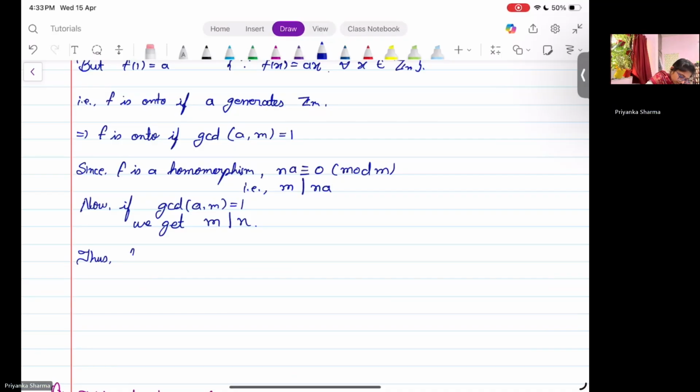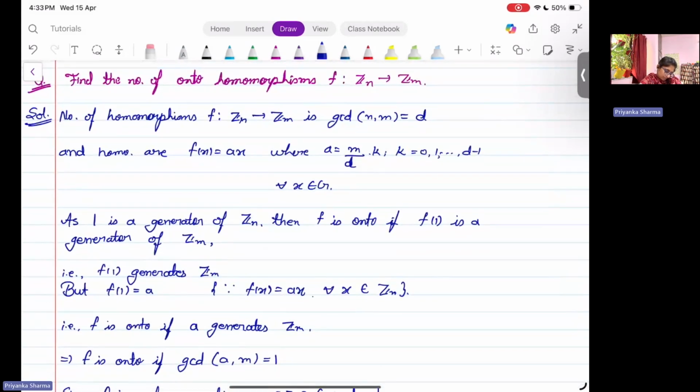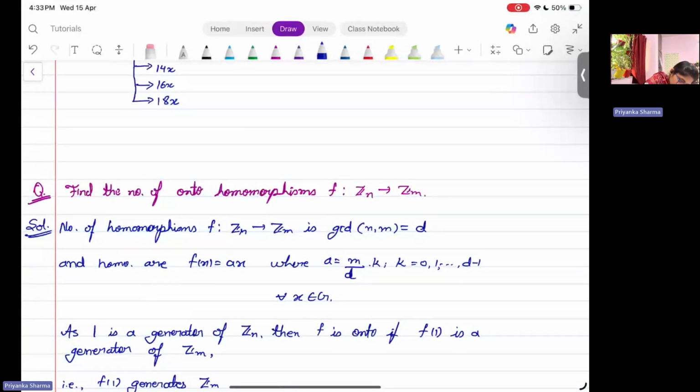Thus, f is onto if m divides n. Okay. So what is the condition for these homomorphisms to be onto? That this number m is a divisor of this number n.